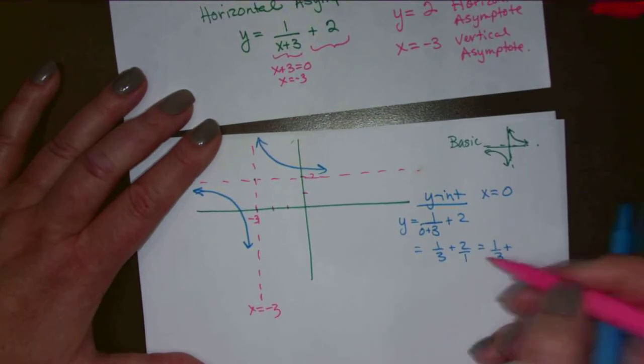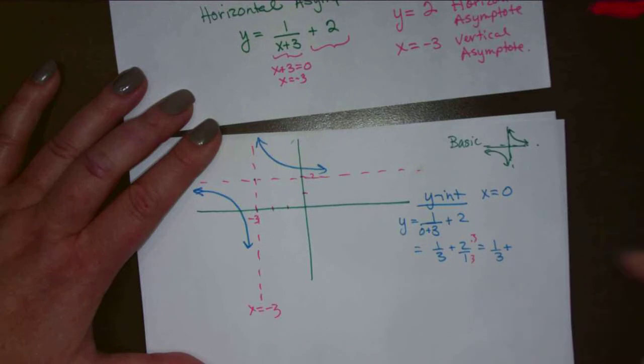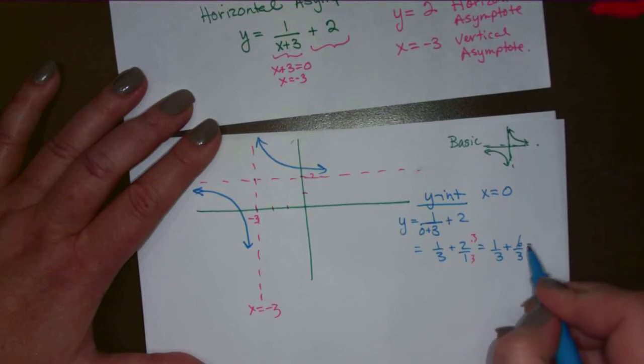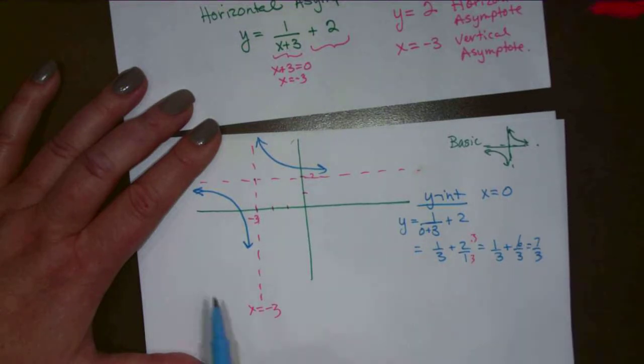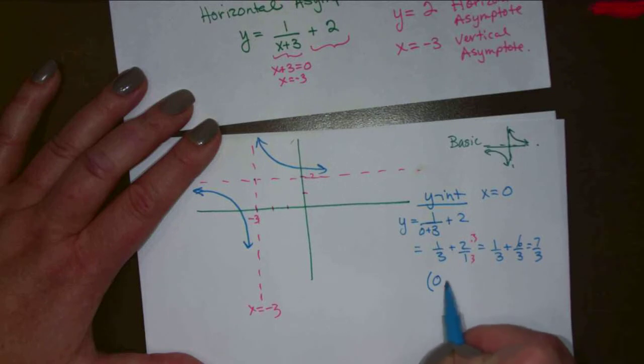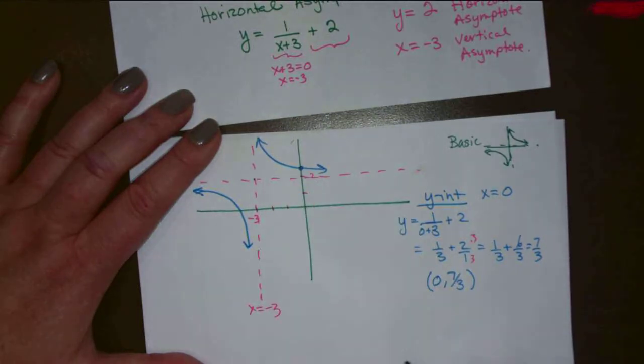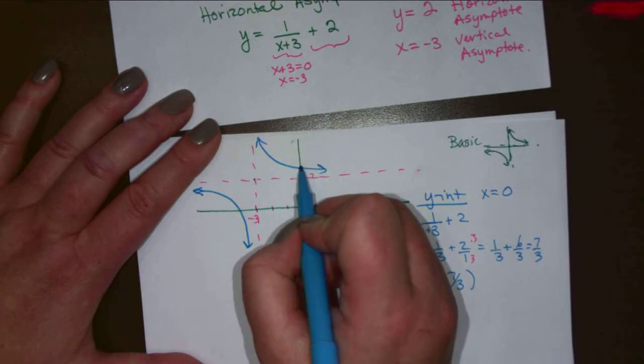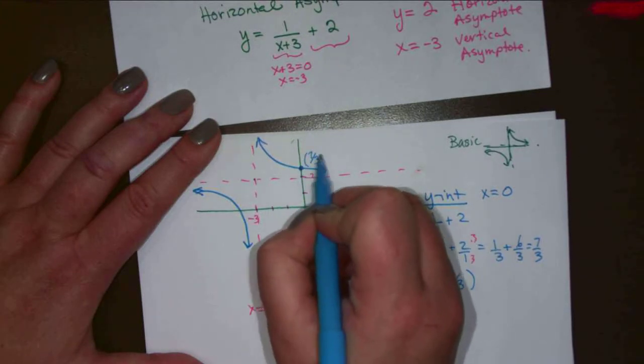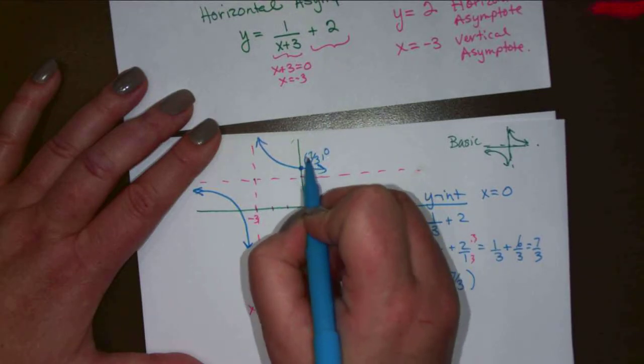So we're going to multiply that by 3. So 7 over 3. So we have a point, 0, 7 over 3. That's 2 1/3. 3 goes into 7 twice with 1/3 left over, which makes sense, it's bigger than 2. So 0, 7 over 3.